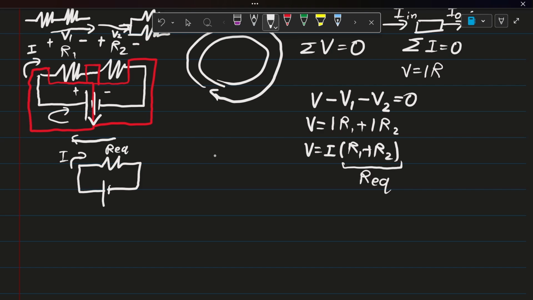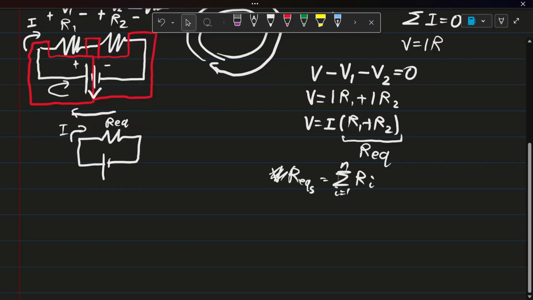This works for multiple resistors in series. The R equivalent for series will be the sum of the Ri, starting from i equals 1 to n. You just sum all of them up, and that's for series.